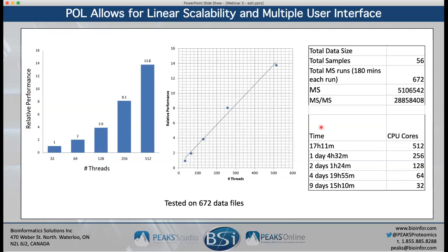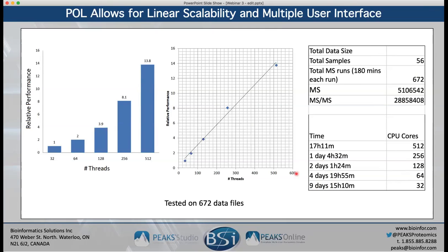What I'm showing here is essentially 56 Orbitrap runs that were deeply fractionated into 672 180-minute MS runs, equating to around 29 million spectra. With a 32-thread version, it took about 10 days.